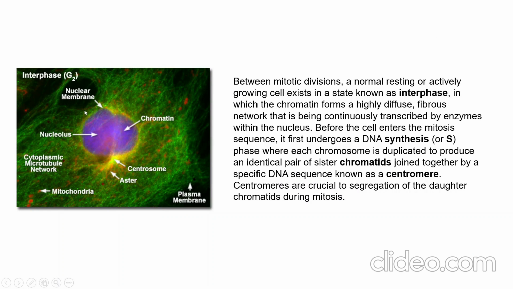You have your nuclear membrane, your chromatin that's not condensed yet, and a centrosome hanging out near the nucleus over here, its aster, and your cytoplasmic microtubule network that's generally giving structure to the cell and helping with transport, but it is not polarized in the way that you see during mitosis.